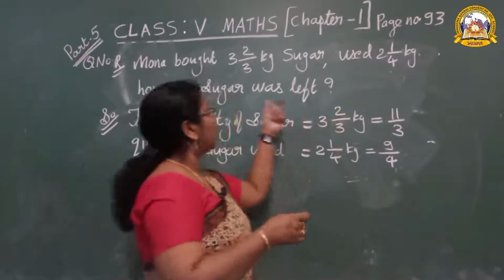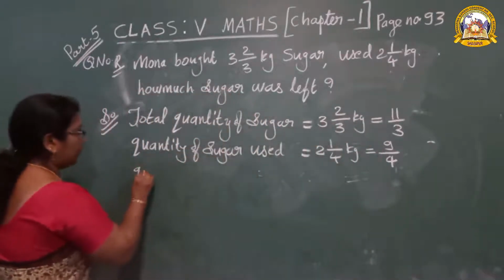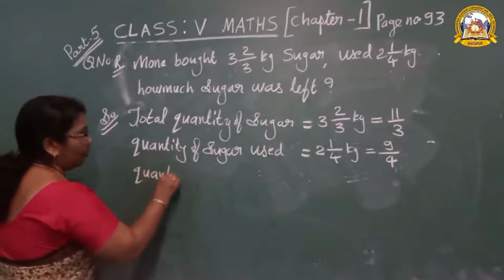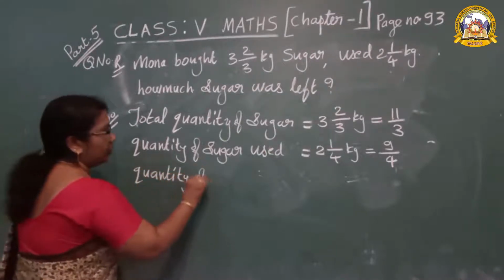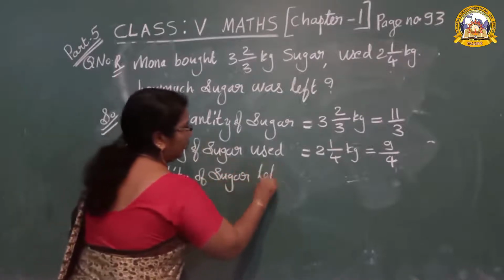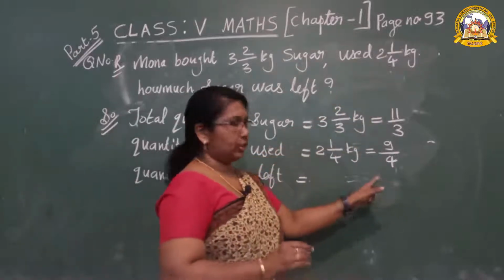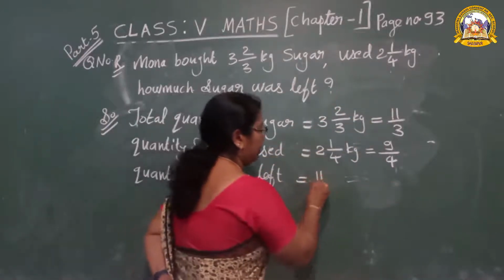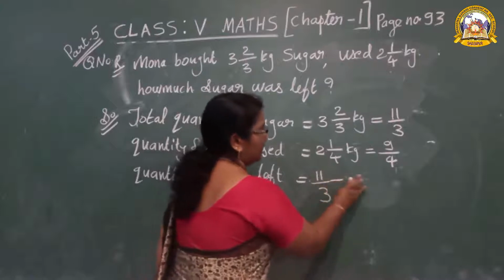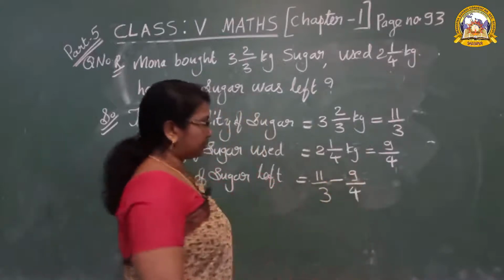Now look here, students. How much quantity of sugar is left? Third step. Quantity of sugar left. What do you have to do, students? You have to subtract these two numbers. 11 by 3 minus which number? 9 by 4.